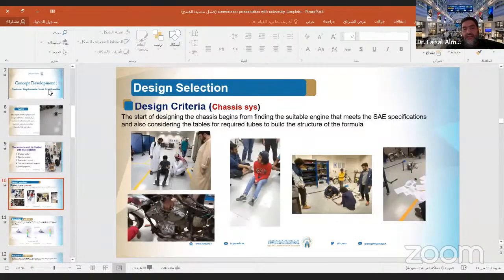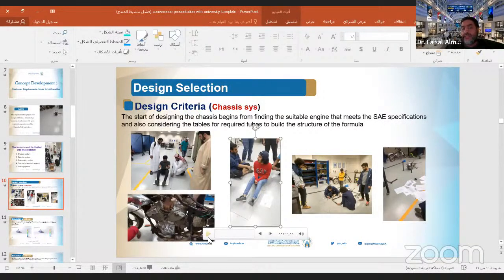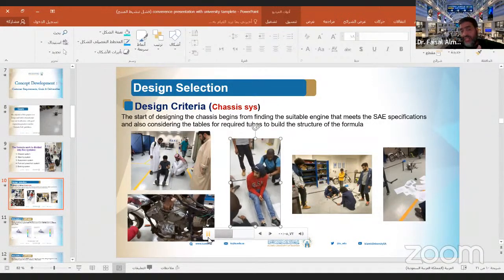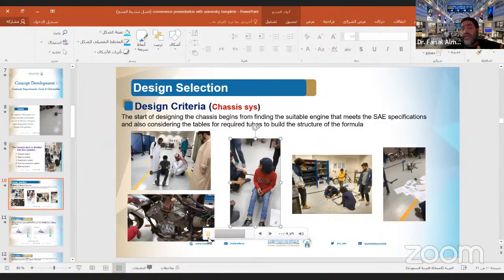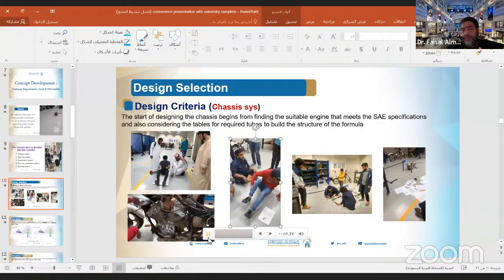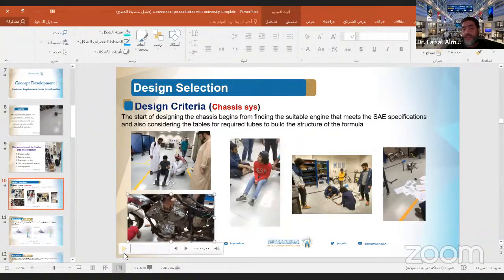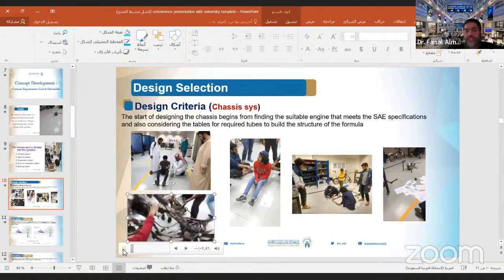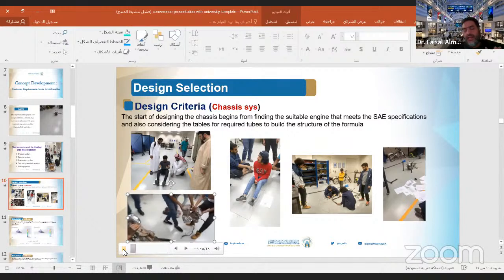They collaborate because at the end, we will build this formula. As you can see here in this slide, one of the students, I'm teaching him how this formula will be designed and how the driver will be inside of the compartment. Also here, we are required to have a motorcycle engine, so they are installing this one.